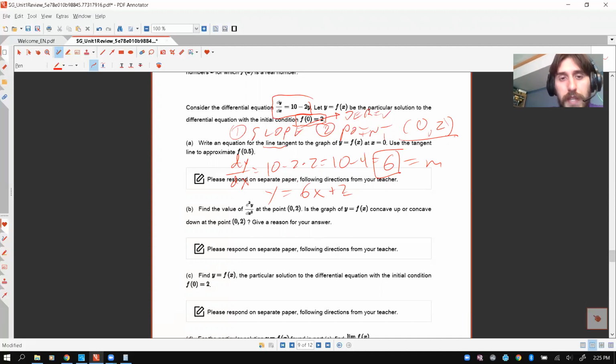And then to use that to approximate f of 0.5, I'll just plug in 0.5 for x. So y at 0.5 is 6 times 0.5 plus 2, which is 3 plus 2, which is 5.